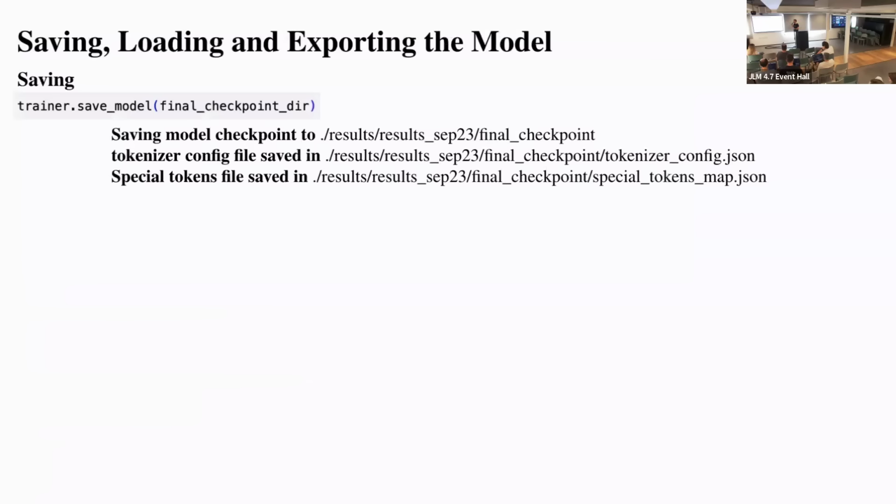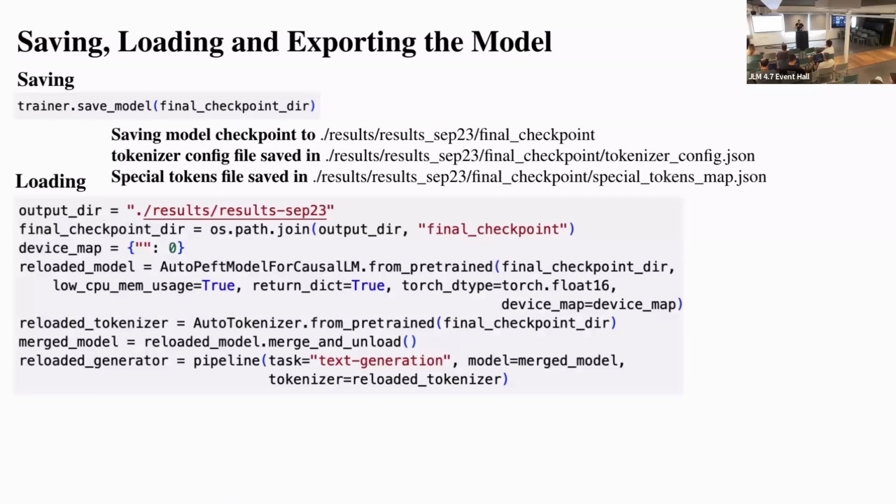Okay, and last thing, here we want to save the model and then load it and export it. So to save the model, we use, again, trainer with save model. And here we specify the directory. So we save the final checkpoint. And we also save the tokenizer config for the tokenizer and special tokens map. These are two JSON files that save model also saves, because we also need the tokenizer when we load the model.